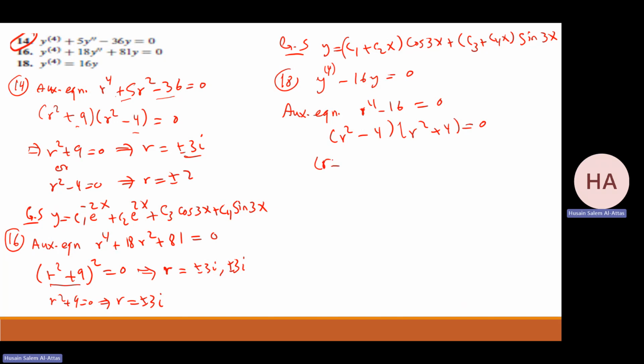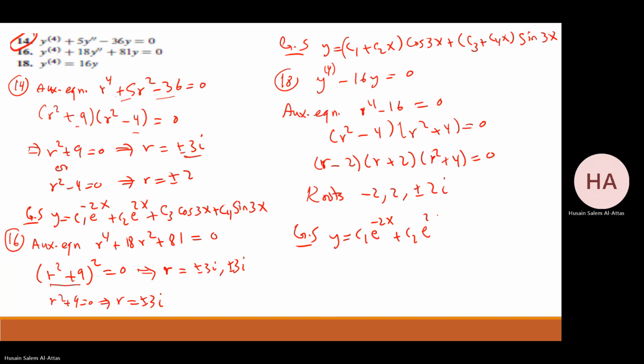This one I can do again: r minus 2, r plus 2. Solve it the way you like. Roots minus 2, 2, plus or minus 2i. General solution, c1 e to the minus 2x, c2 e to the 2x, c3 cosine 2x, c4 sine 2x. Yeah, correct.